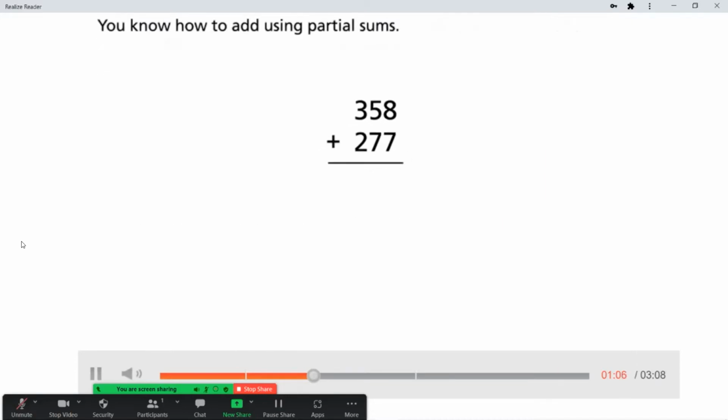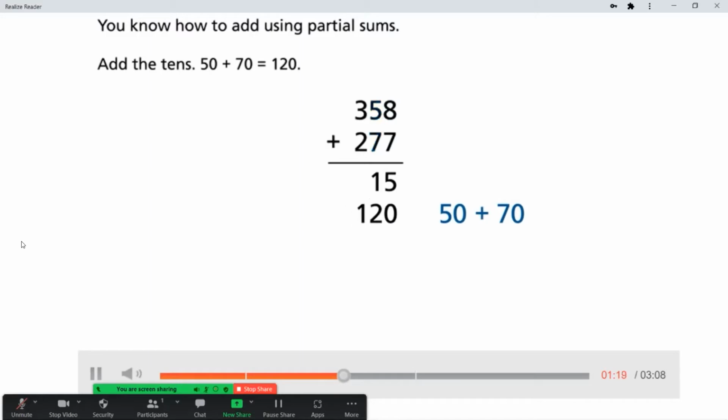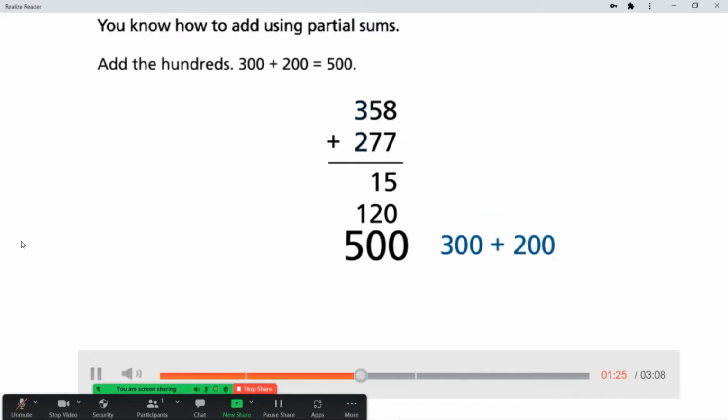You know how to add using partial sums. Add the ones. 8 plus 7 equals 15. Add the tens. 50 plus 70 equals 120. Add the hundreds. 300 plus 200 equals 500.